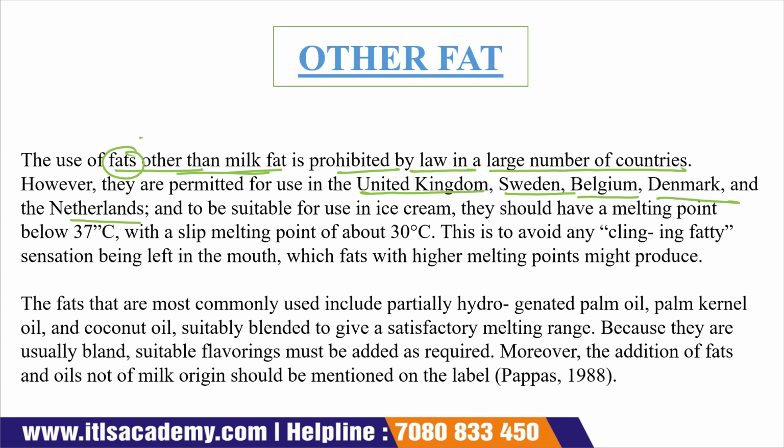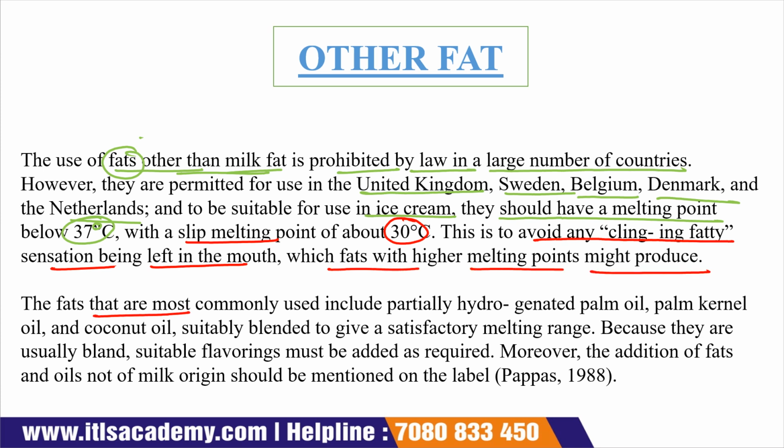They use it so that it will be suitable for ice cream, and such fats should have a melting point just below 37 °C with a slip melting point of about 30 °C. This is to avoid any clingy fatty sensation in the mouth which fats with higher melting points might produce.